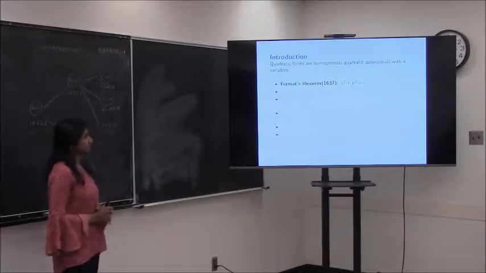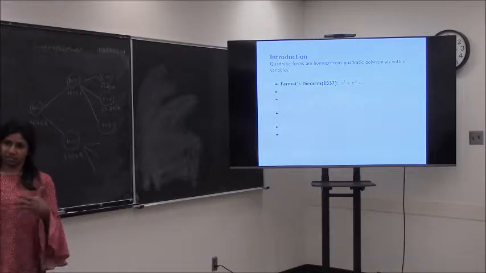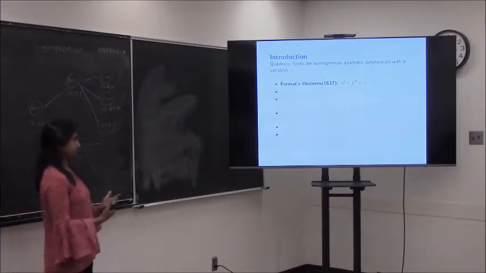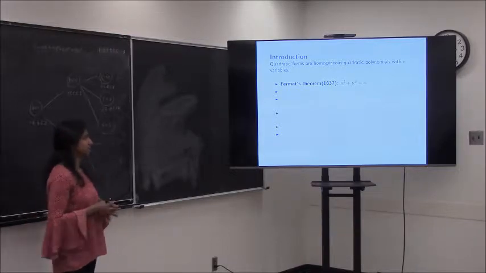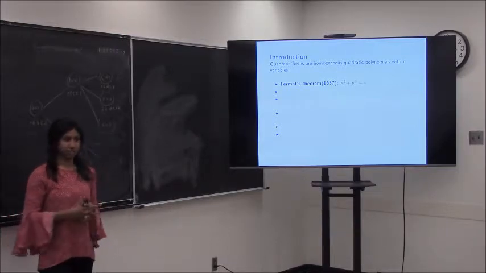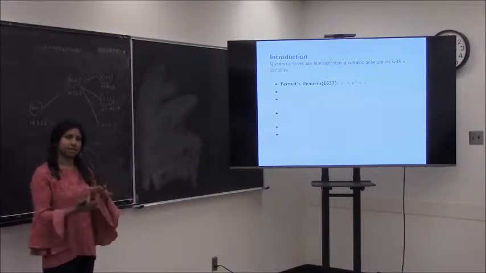Fermat's theorem in 1637 presented quadratic forms in two variables, x squared plus y squared equal to any integers, like Pythagorean triples and elliptic curves.